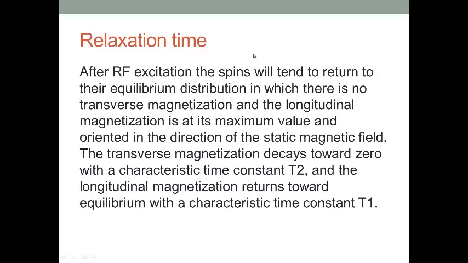First, the spinning protons with charge create a little magnetic field for every proton. These protons then line up with the external magnetic field B0. Then we put the RF excitation there.